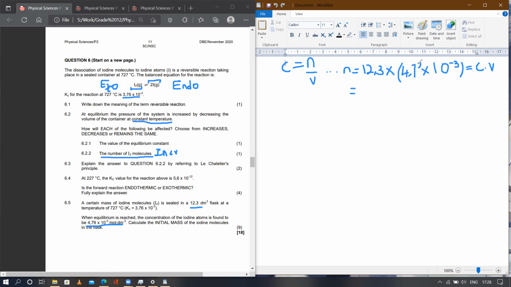Seven and 9. So 12.3. So using my calculator, I found my number of moles to be 0.0589117 mole.